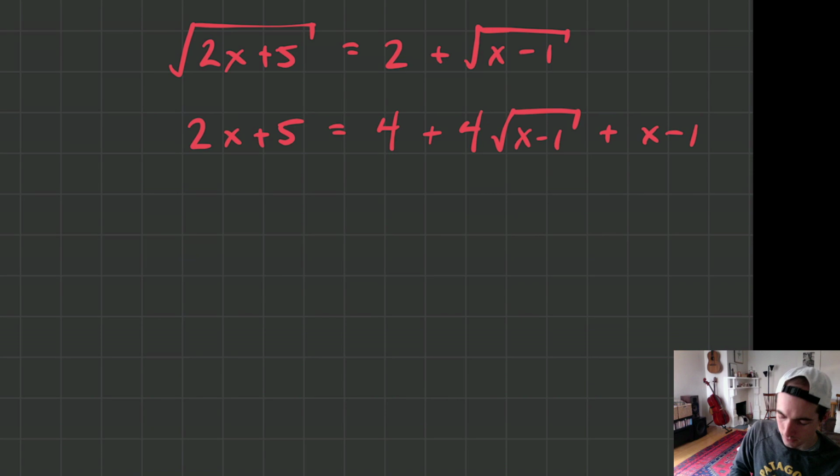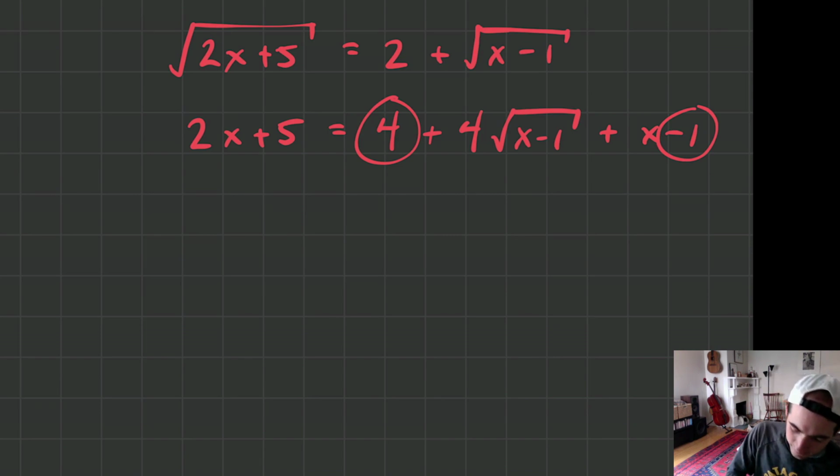So I've done that. Now I'm going to clean it up and bring the other stuff to the other side. I'm going to bring the 4 and the negative 1 to the other side. This 4 and this negative 1 become positive 3, and when I bring it to the other side, it becomes negative 3. I'll add that to the 5, which gives me 2.